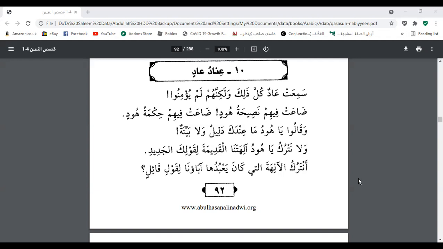The translation would be lam yu'minu, they did not believe. They listened to all the arguments and advice of Sayyidina Hud alayhi salam, but the Ad, the people, didn't accept.